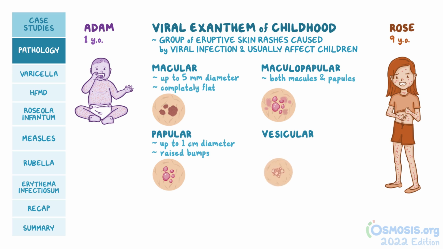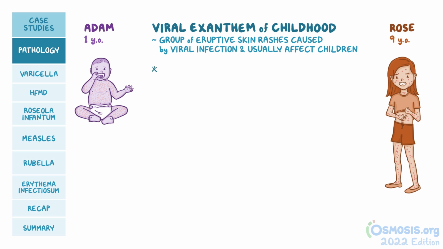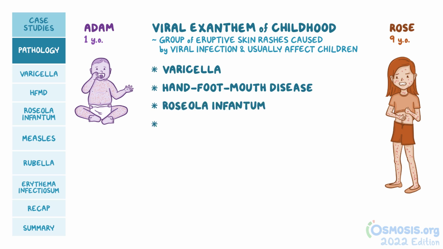Finally, a vesicular rash has vesicles, which are up to 5 millimeters in diameter and look like clear blisters filled with fluid. Viral exanthems of childhood include varicella, hand-foot-mouth disease, roseola infantum, measles, rubella, and erythema infectiosum.